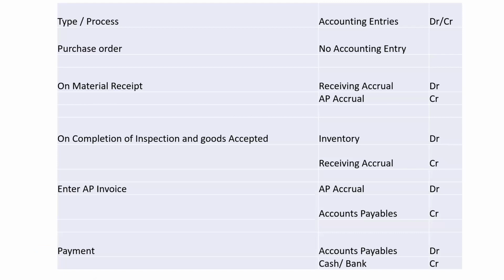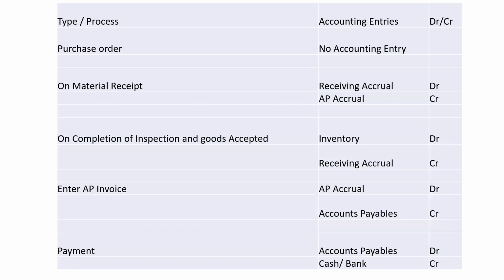And the accounting entries: at what stage will the accounting entries get generated? We'll walk through one by one. Ideally, when we create a purchase order in the Oracle application, either EBS or Cloud, no accounting entry will be generated for the purchase order.